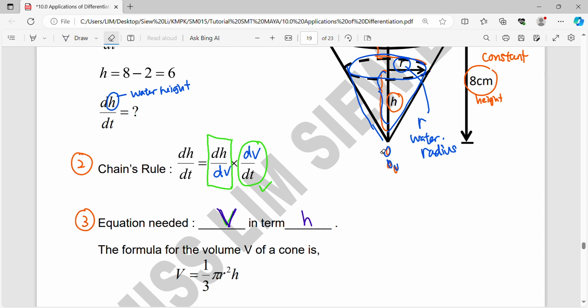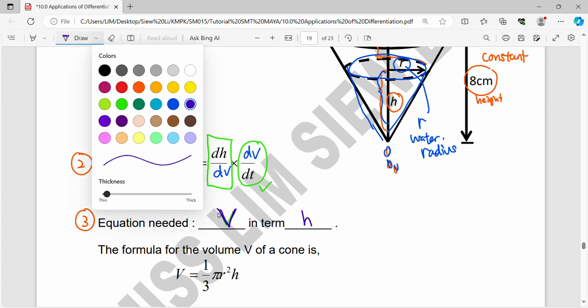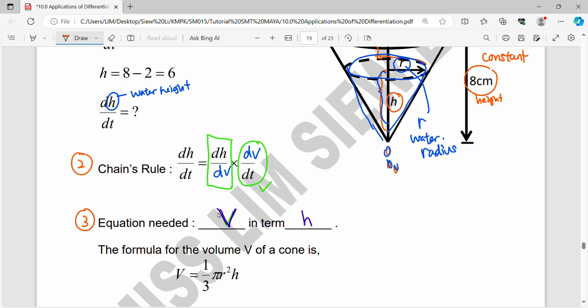So the conical formula will be 1/3 pi r squared h. So notice that our variables here, we have volume, we have radius, we have height. All of these, volume of the water, height of the water, radius of the water, are variables.